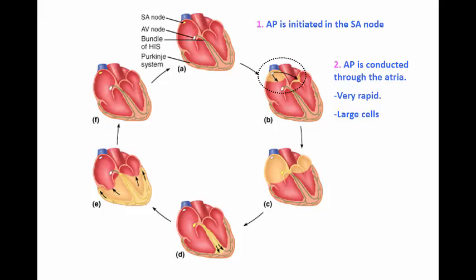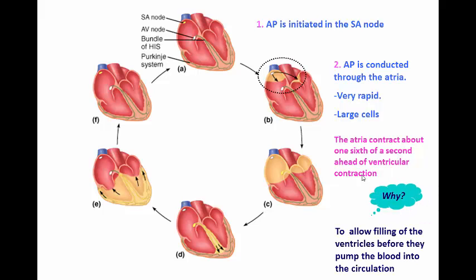And when the atrial myocytes are excited, they respond electrically by generating fast response action potentials, followed by contraction, followed by systole. So the atria contract about 1/6 of a second ahead of ventricular contraction because the impulse has not yet reached the ventricles. And this is important. Why? This is in order to allow filling of the ventricles before they pump the blood into the circulation.